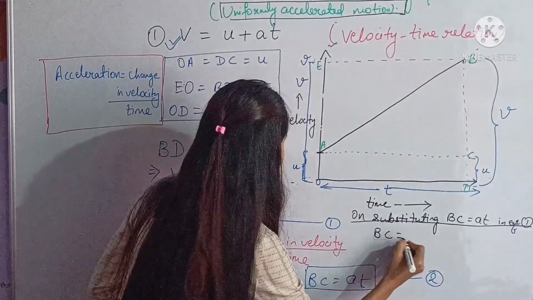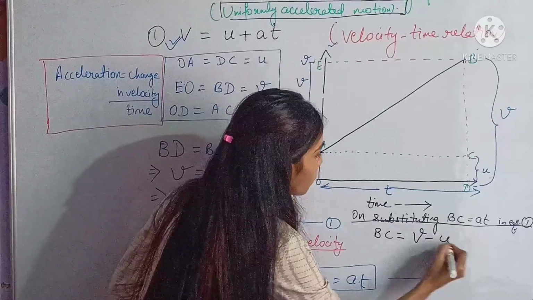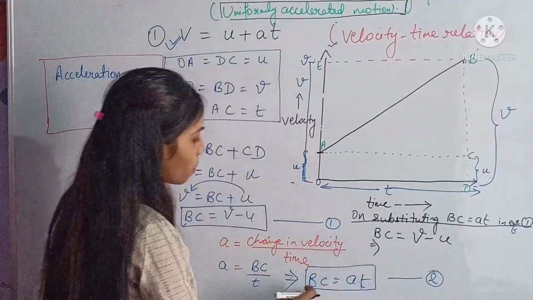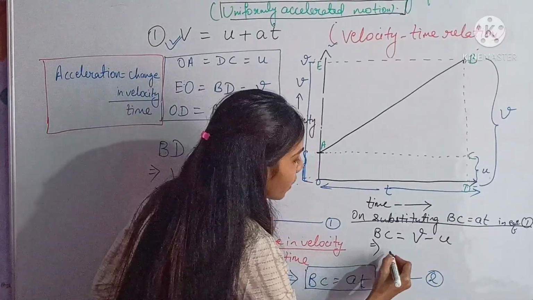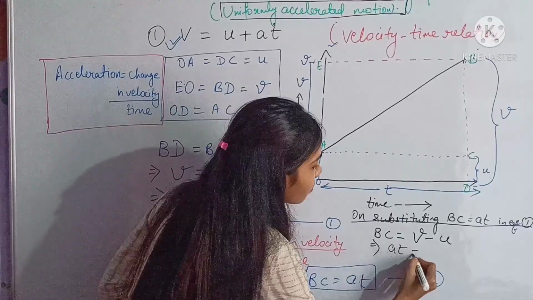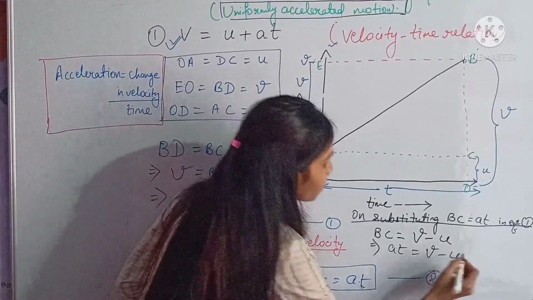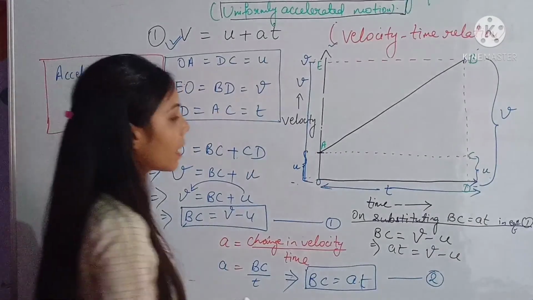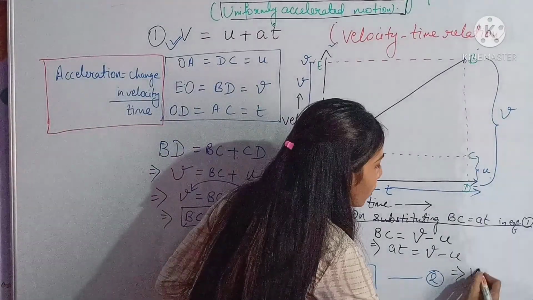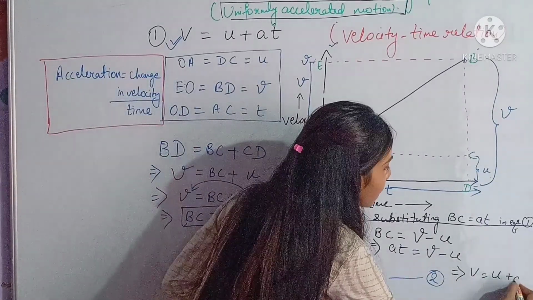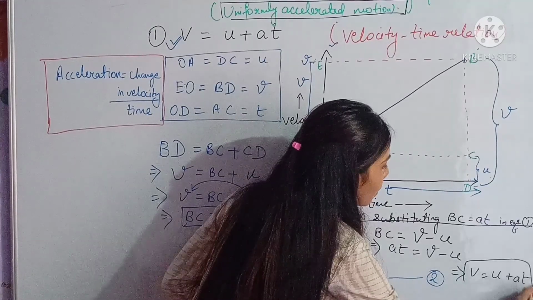BC is equal to V minus U. From equation 2, BC is equal to AT. So here we will have AT is equal to V minus U, and on rearranging we will get V is equal to U plus AT.